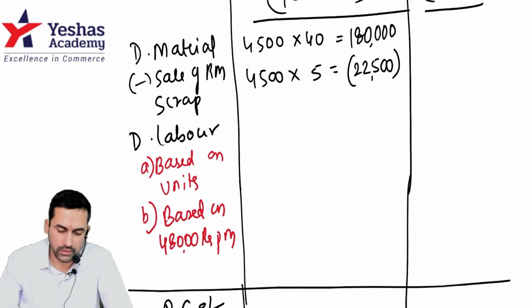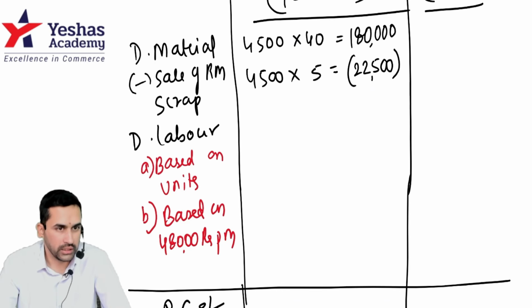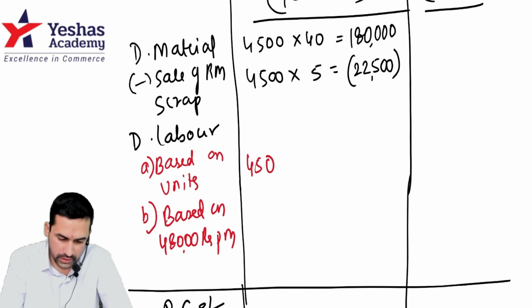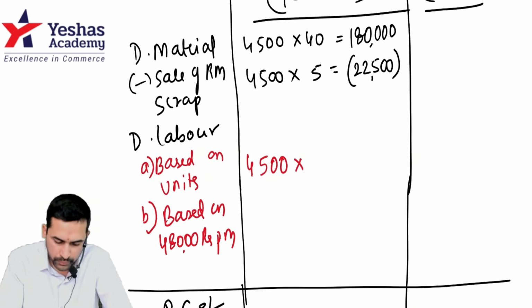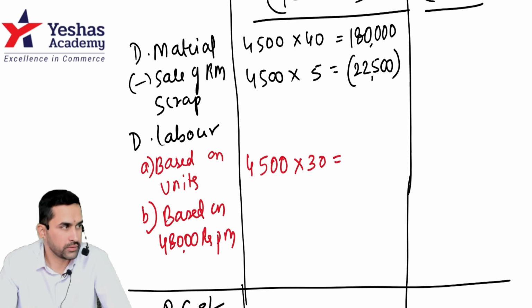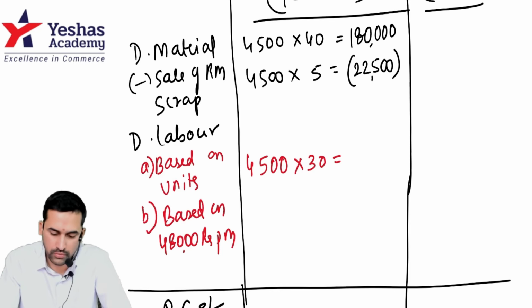Direct labor. This cost comes with a condition. So I have to first see how much is based on units, then based on the amount. So direct labor, first based on units. 4,500 units. So the rate per unit is 30 rupees.